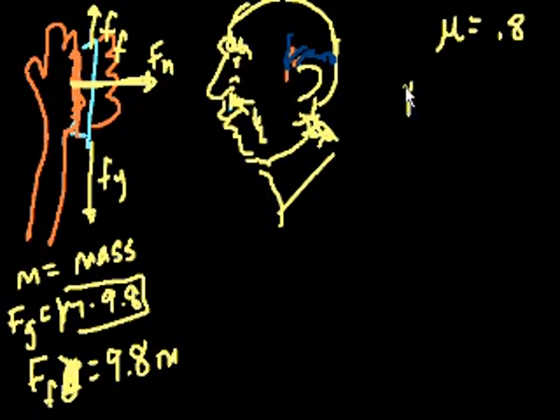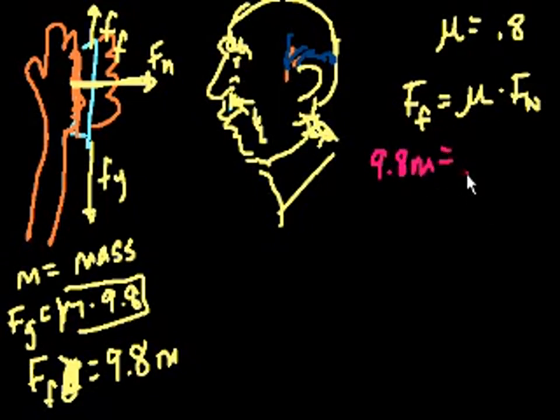And we know that the force of friction is equal to the coefficient of friction times the normal force. I'm going to switch colors because this is getting monotonous. The force of friction has to be 9.8 times the mass, and that has to equal the coefficient of friction times the normal force.